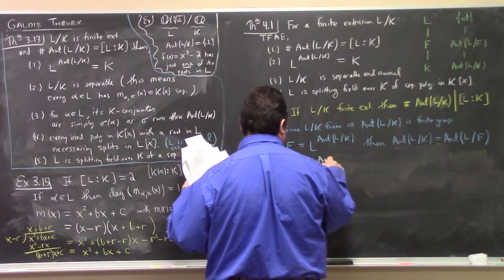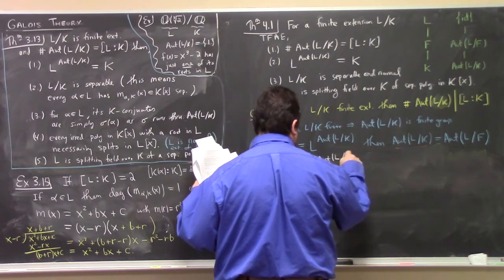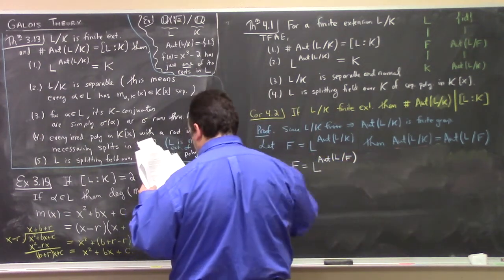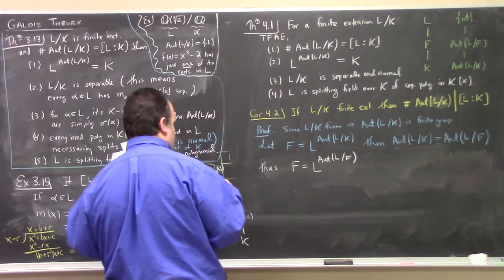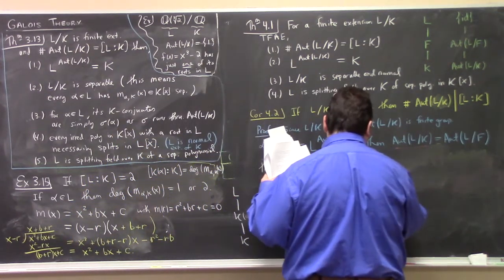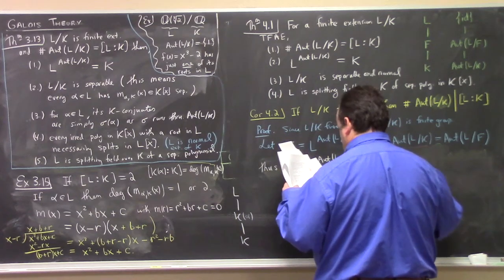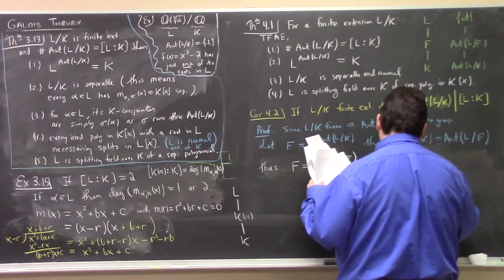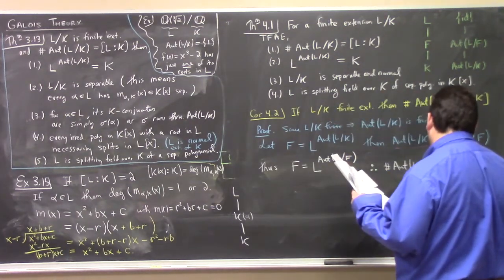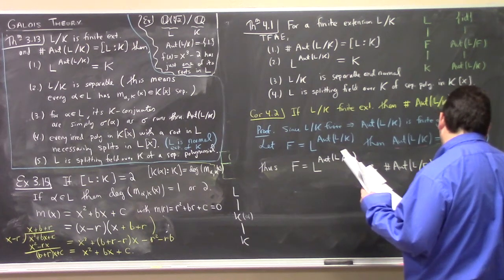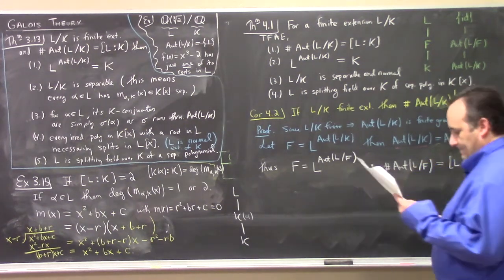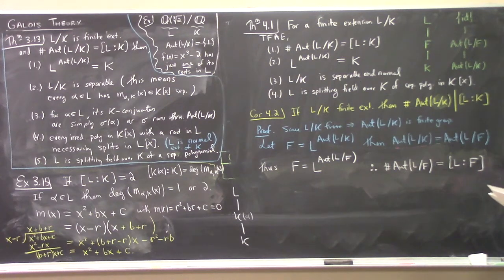I thought he said the same thing again, but he has changed the letters, L over F. Therefore, by Theorem 3.4.1, the number of automorphisms of L over F is equal to the degree of L over F. Which does divide.